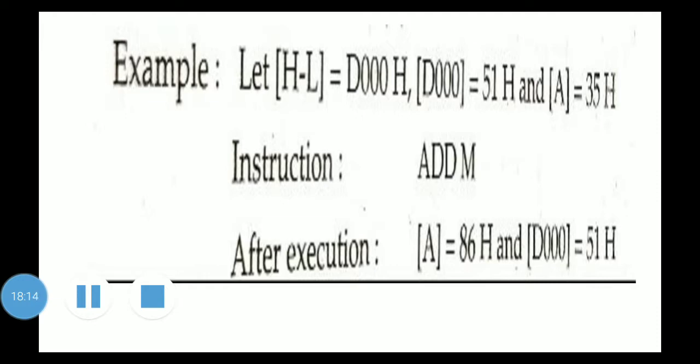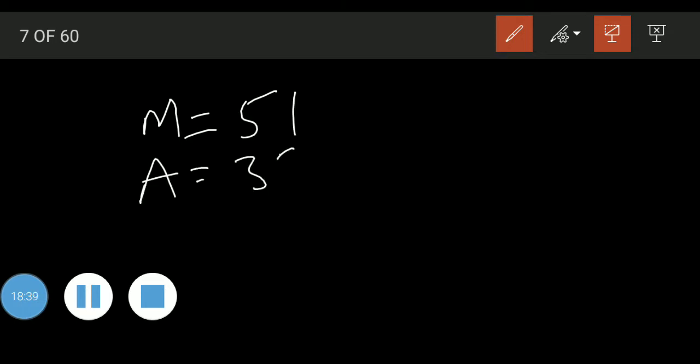Now if we use the instruction ADD M, what will happen? Let us see on the screen with the calculation. M contains 51 and A contains 35, so what will be the addition?